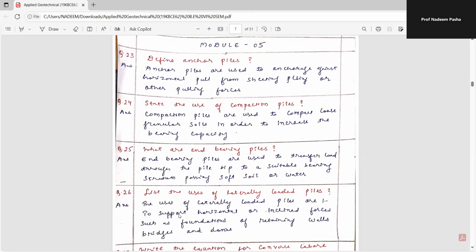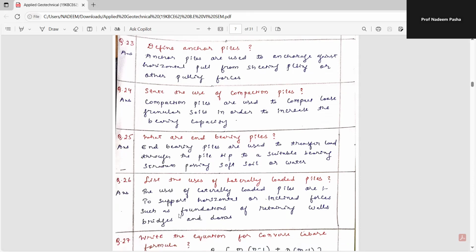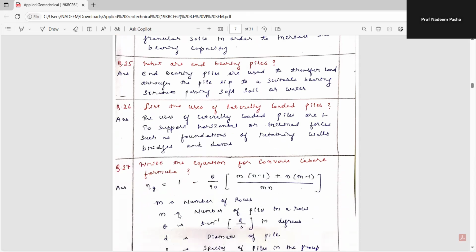The uses of laterally loaded piles are to support horizontal or inclined forces such as foundation of retaining walls, bridges, and dams. क्या है lateral load piles? The use of lateral piles are to support horizontal or inclined forces such as foundations of retaining wall, bridges, and dikes.